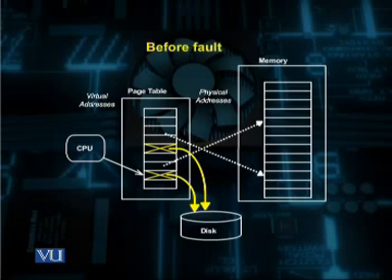Now this diagram shows what happens in case of page fault. If an object is on the disk rather than the memory, this situation gives rise to a page fault. Here you can see that the page table entry indicates for the virtual address whether it is in the memory or not.